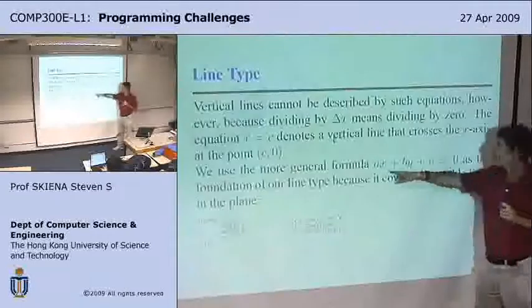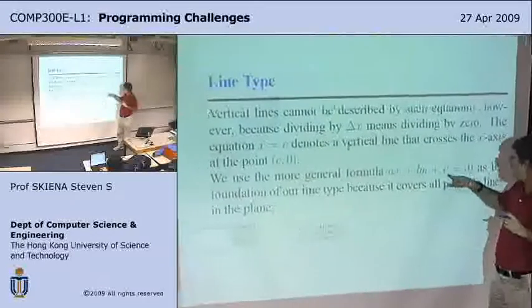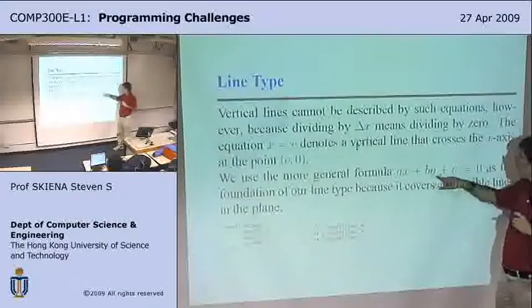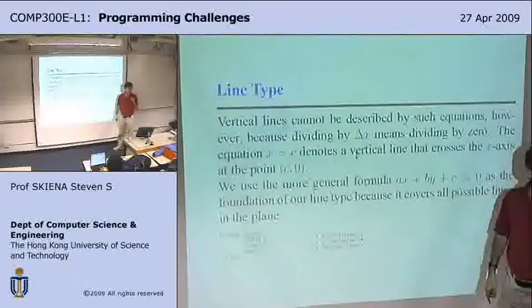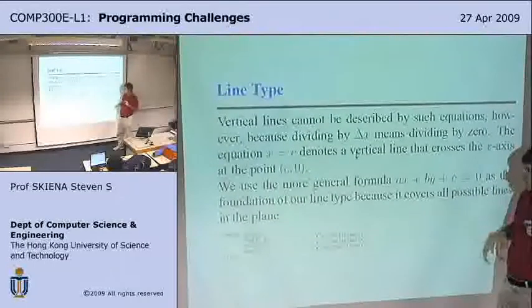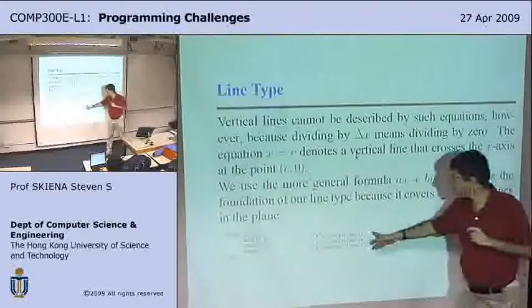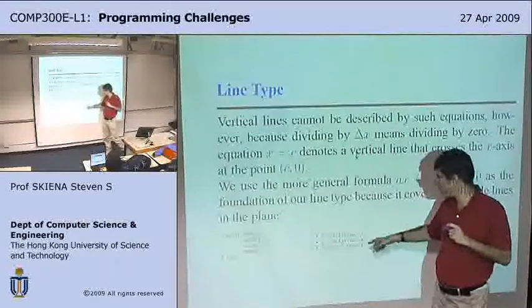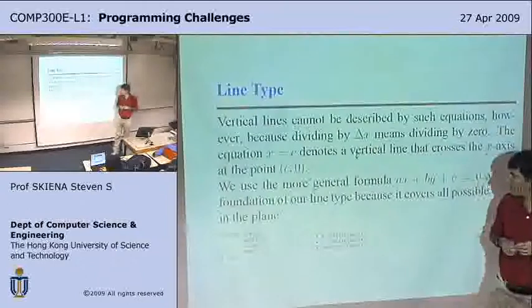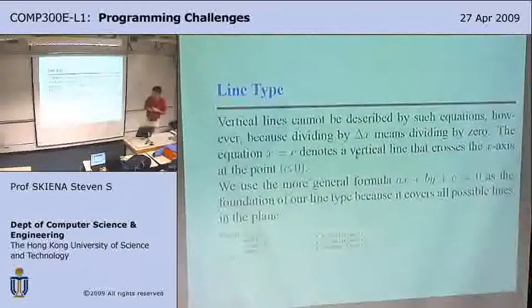So setting a equal to 1, b equal to 0, and c equal to something gives us those lines. My line type in general is a structure with these three coefficients. Any questions about that?